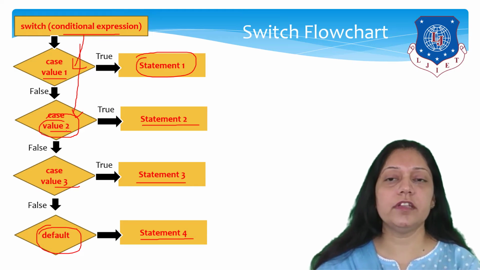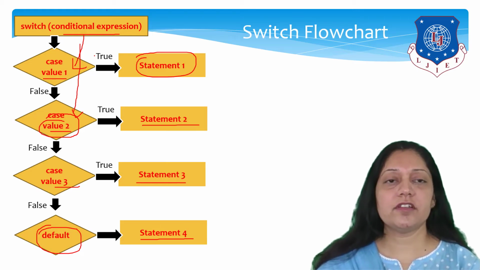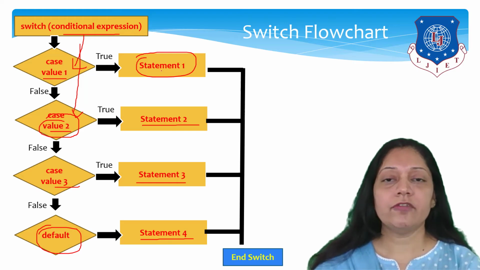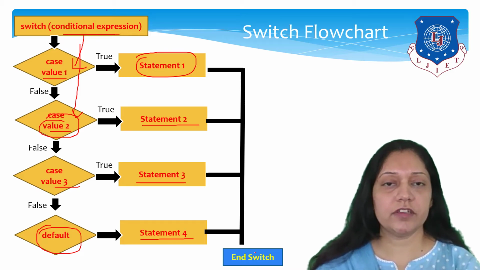If any of these matches, then your respective statement 1, 2 or 3 is executed. But if your expression value does not match value 1, value 2 or value 3, then it goes to the default part and executes statement 4. After execution of each statement, statement 1, 2, 3, 4, we come to the end part of the switch statement.